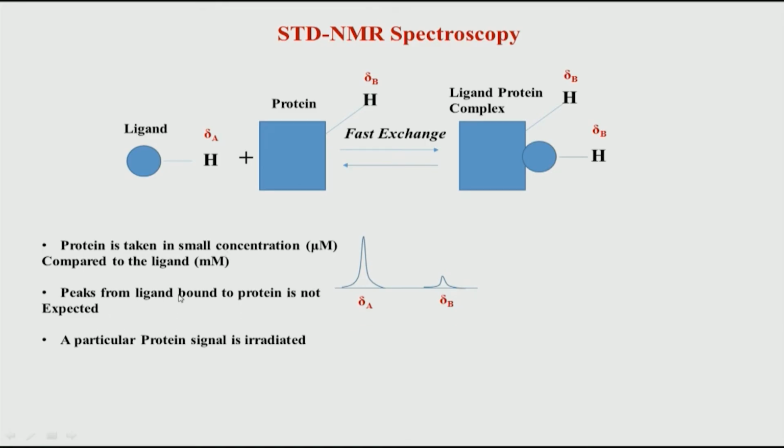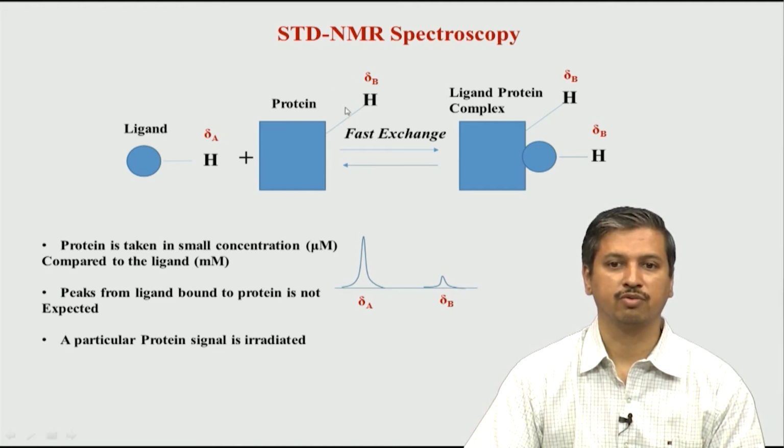Then you record the spectrum of the protein, a free spectrum, meaning without the ligand, and you choose a particular proton which you want to irradiate. That is what is shown here: a particular protein signal is chosen for irradiation. Now, peaks from the ligand bound to the protein are not expected. Why?